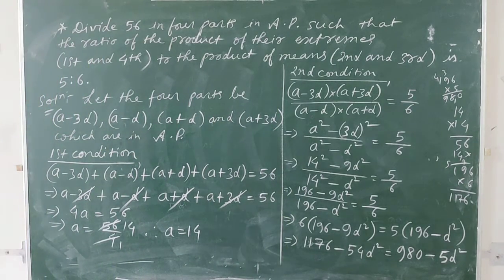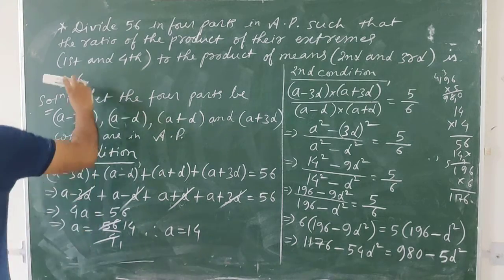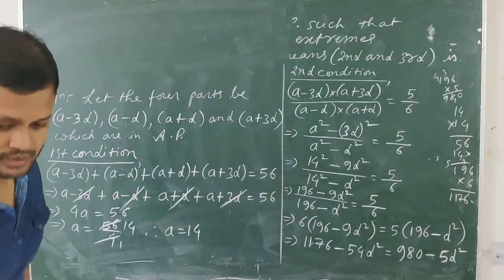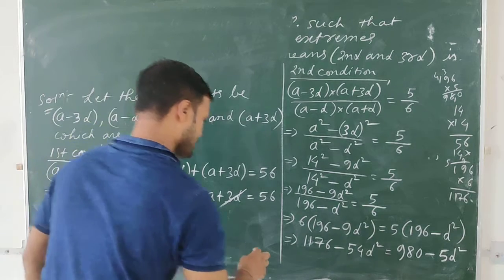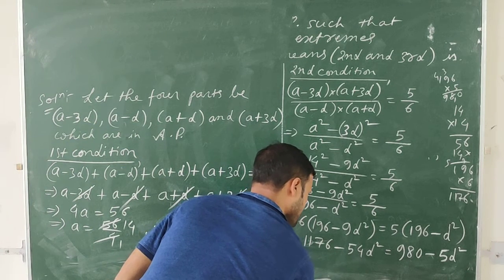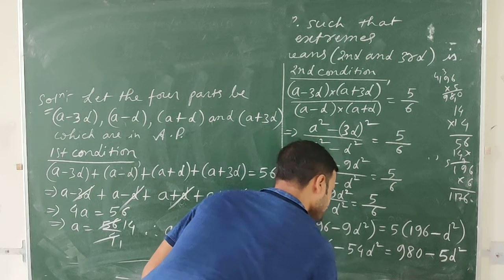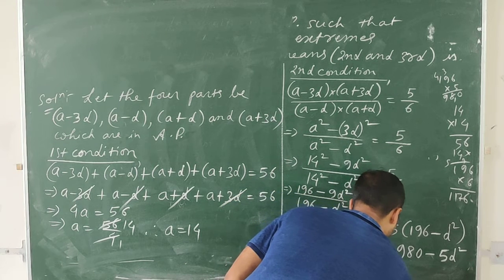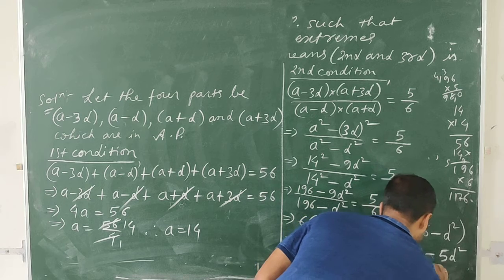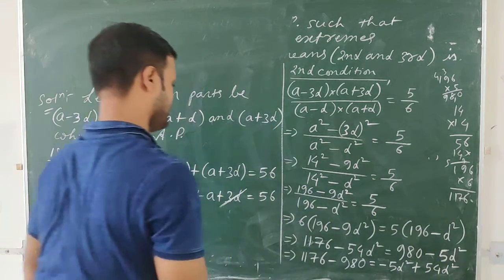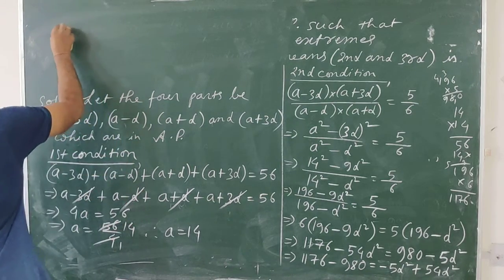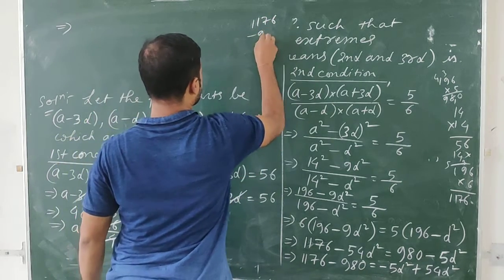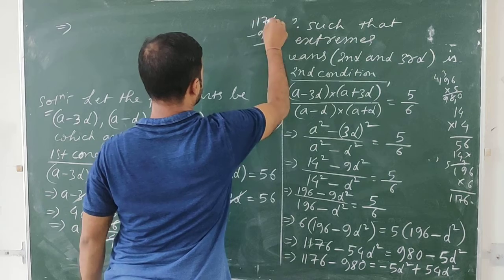From here what we will do is, students, 1176 minus 980 is equal to minus 5b square plus 54b square.